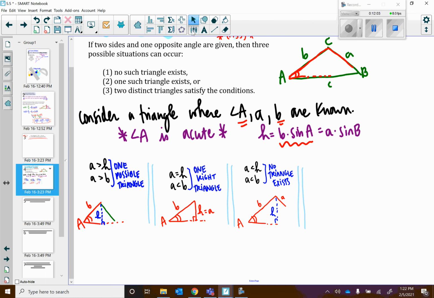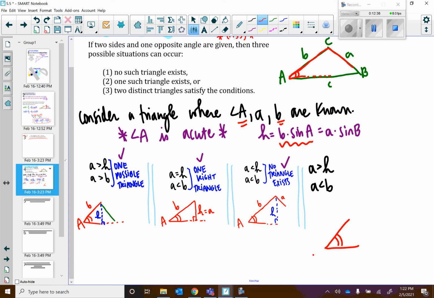Now, if you've been playing along, you know from above that there were a couple different scenarios. Either one triangle can exist, no triangles can exist, or two triangles can exist. And since we've seen one triangle and no triangle, it's very likely that this next scenario is going to be two possible triangles. Let me lay it out for you. If our side length A is greater than our height, but A is less than side B. All right, let's start the sketch.